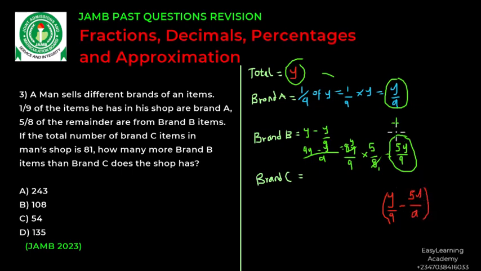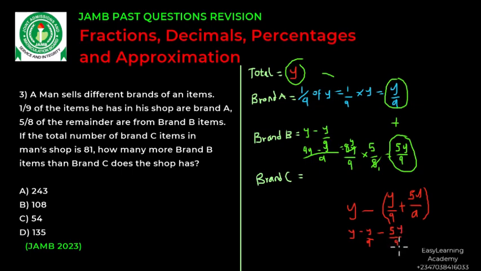To have the remainder, we add first and then subtract from the total number of items. Expanding the bracket, minus times Y over 9 gives minus Y over 9, and this side also gives minus 5Y over 9.